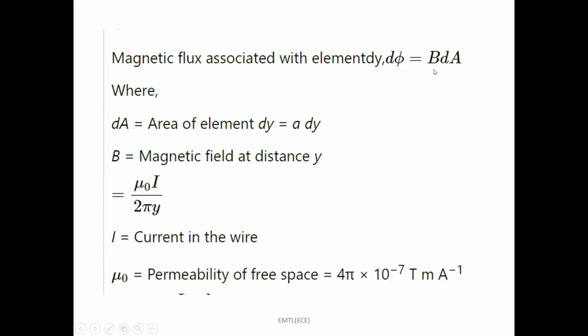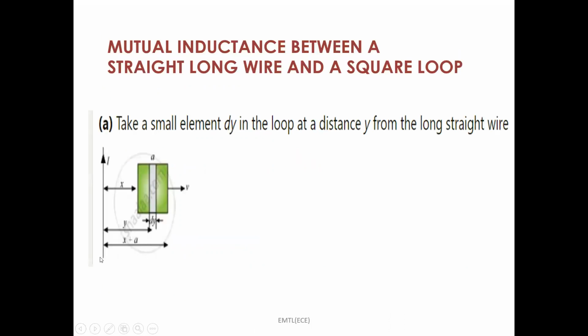Next we have to calculate the magnetic field. The magnetic field is expressed with the help of Ampere's law. This is the current carrying wire, and dy is the area for which we have to calculate the phi value. This dy area is at a distance y from the wire.